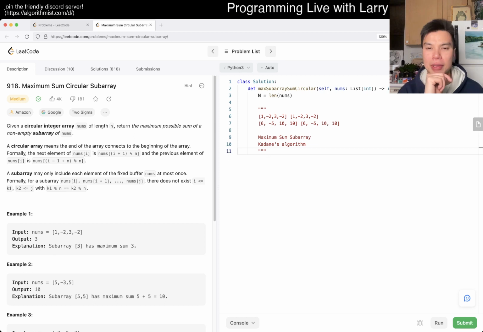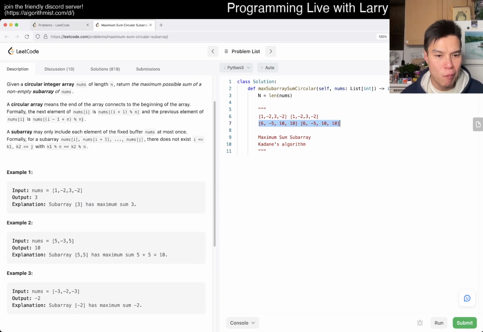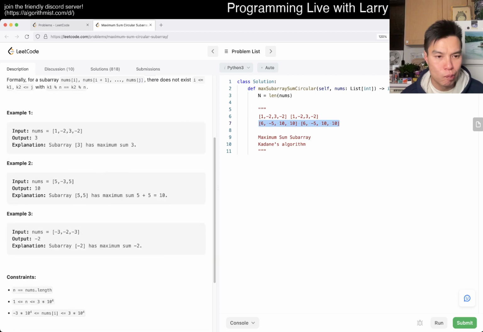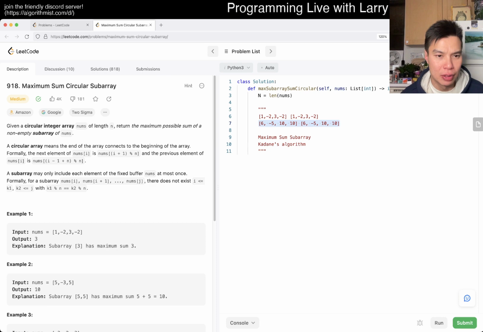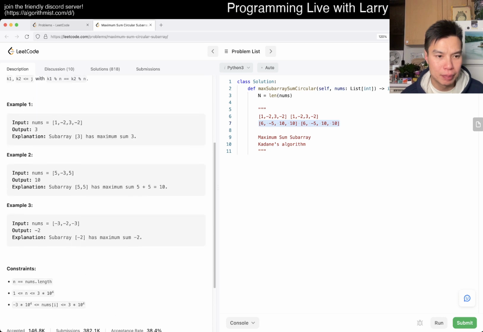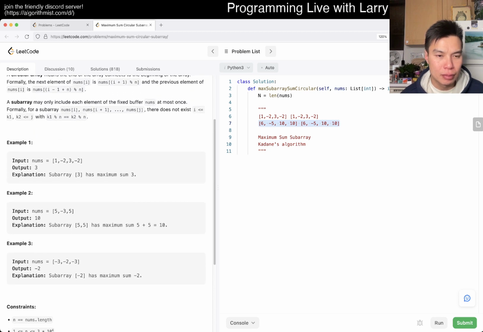But in any case, the doubling the array thing still makes sense. It's just that there are some cases I have to figure out. Oh, and you have to have at least one element. Okay, that's fair. I mean, and this one is Kadane-able.